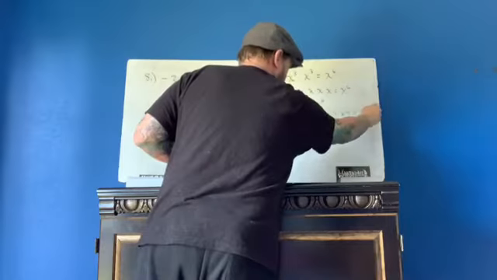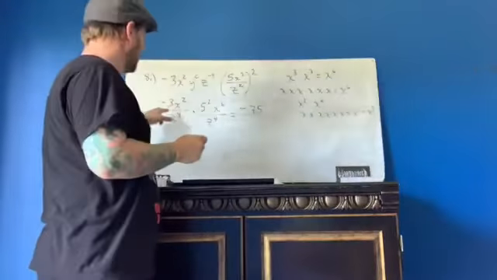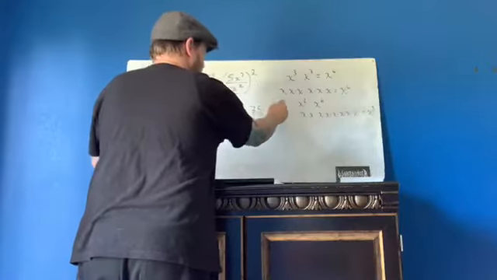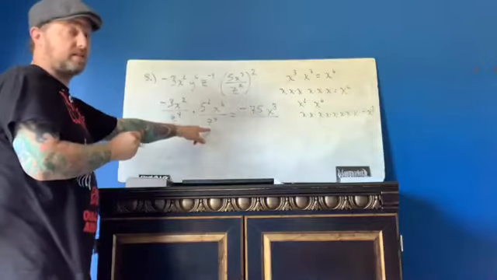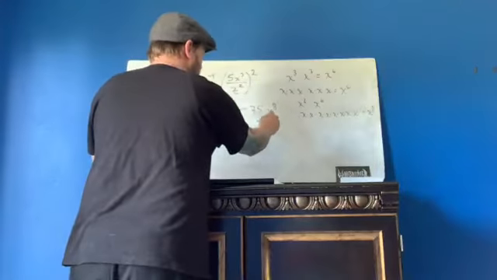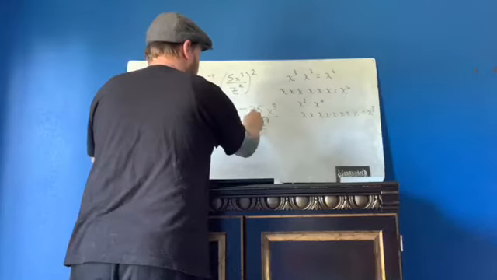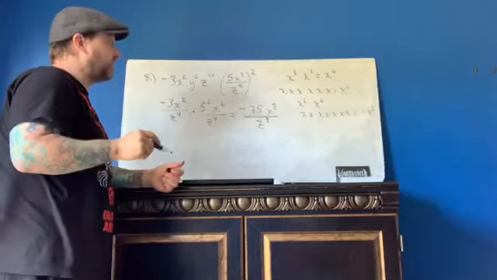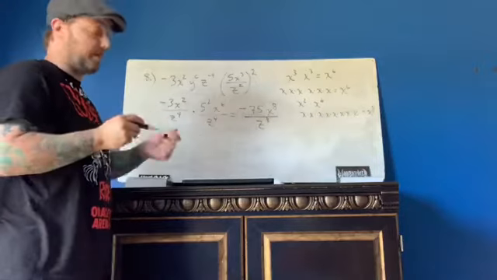So that's x to the eighth. Oh yeah, we just add the exponents. 2 plus 6 is x to the eighth. Z to the fourth times z to the fourth. Again, add the exponents. We get z to the eighth. So we have negative 75 x to the eighth over z to the eighth.